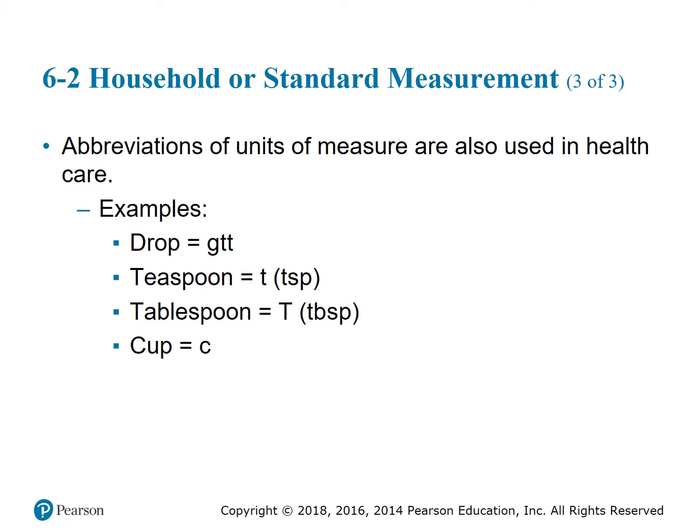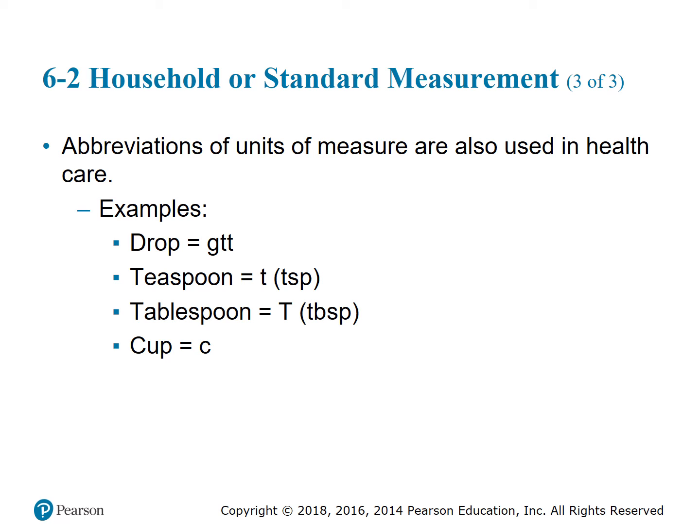That is a very important communication tool, and we want to make sure that when we are writing our medication labels, we're writing them correctly and very clearly. And so that's something that we'll be looking for as instructors as we move forward in the lab. So some abbreviations here for units of measure that you see, and there are many, many of them.